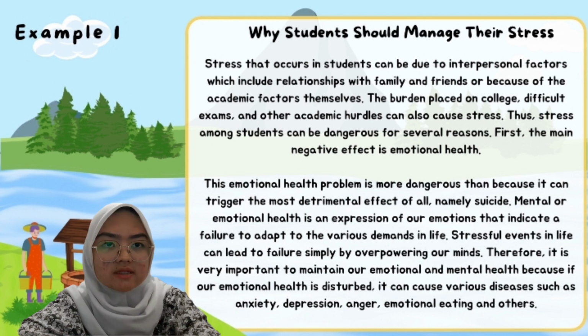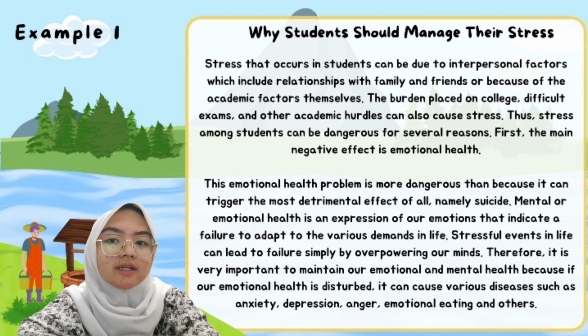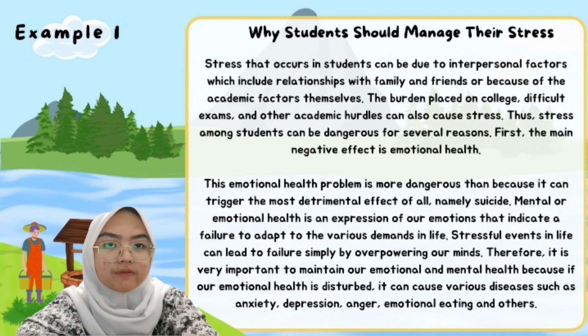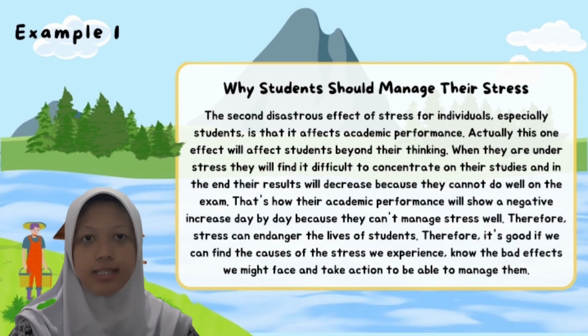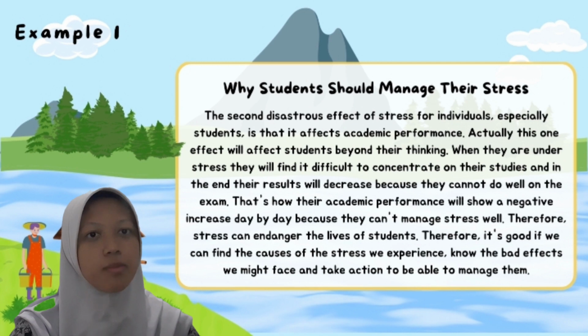A disastrous effect of stress on an individual, especially a student, is on academic performance. So, the conclusion for this example, there is a sentence: for these reasons, it's better that we should find the causes of stress which we are going through, know the bad effects that we might face and take actions to manage it.